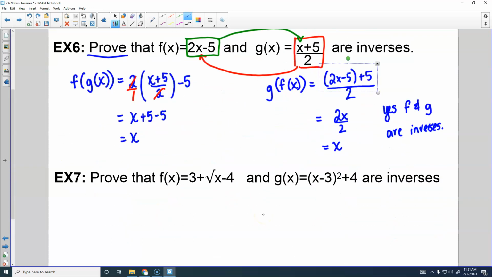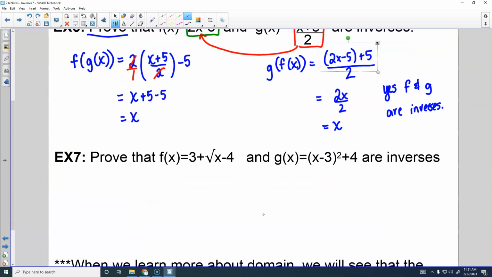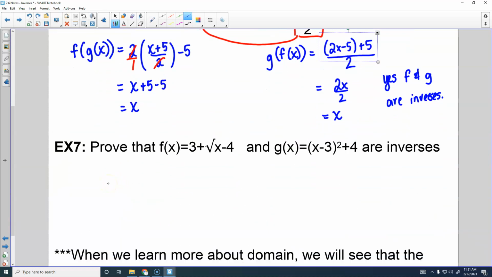I'm going to change the question a little bit for 7. Okay? So for 7, I'm going to change this to f of x, and I'm going to make that a square root. It should extend. I'm going to change this to a plus sign right here.